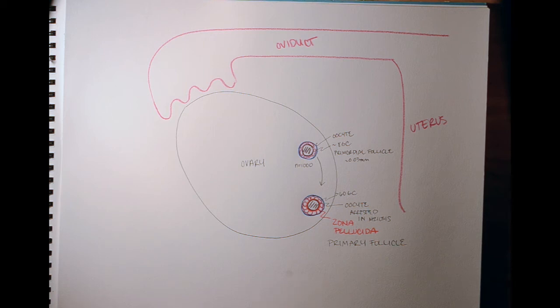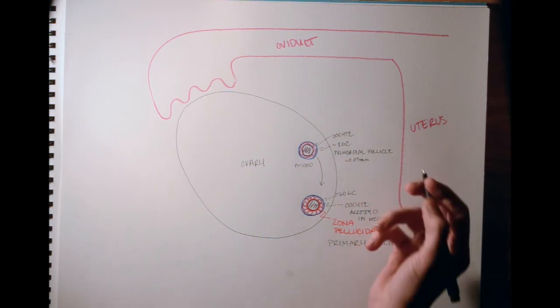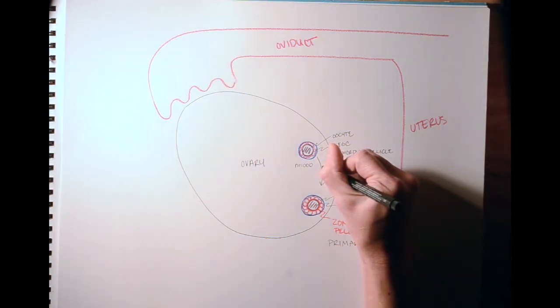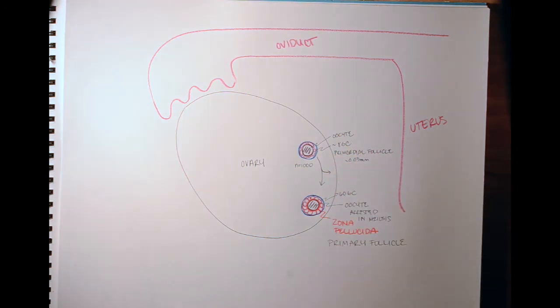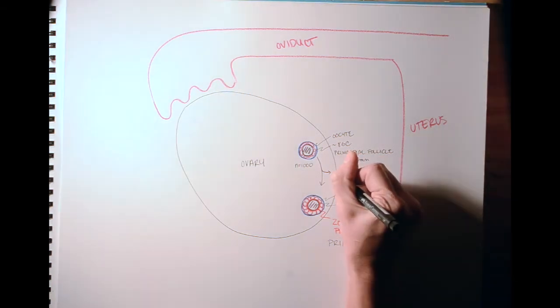But what's interesting is that not all of the primordial follicles are able to become primary follicles. They just don't have the capacity to do so. For some reason or another, they are unable to advance, and basically they undergo cell death or atresia.